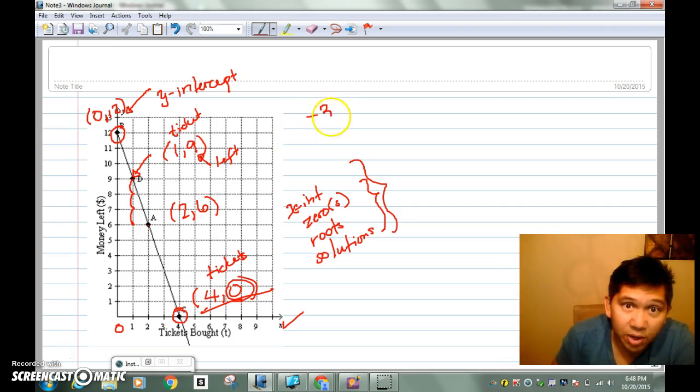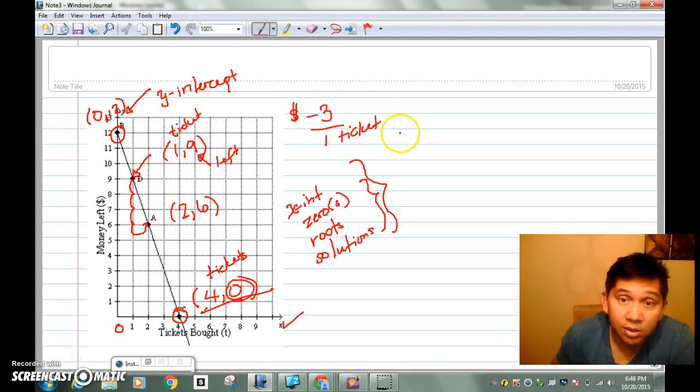I went down 3, which means negative 3. Over, I go 1 to the right, which means positive 1. Now, because we went down on this axis, what unit was this? It means it's in dollars. So, what does that mean? It went down $3 for every 1 ticket. That means that the ticket costs $3 a piece. On this graph, it's dropping $3 for every ticket.